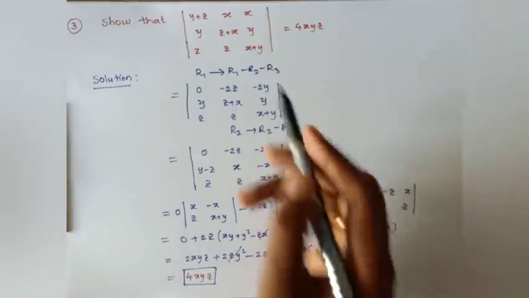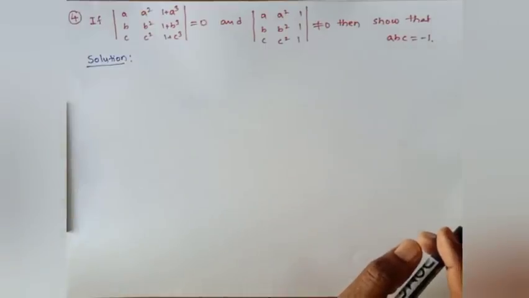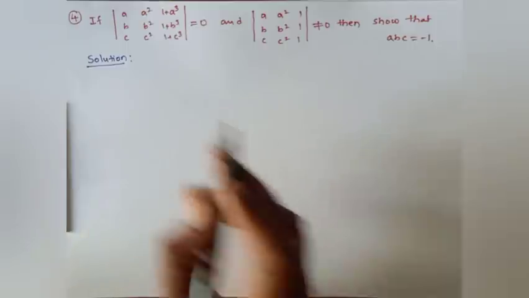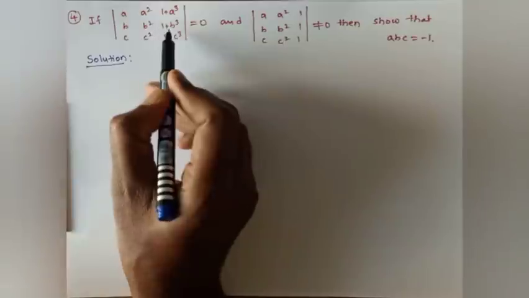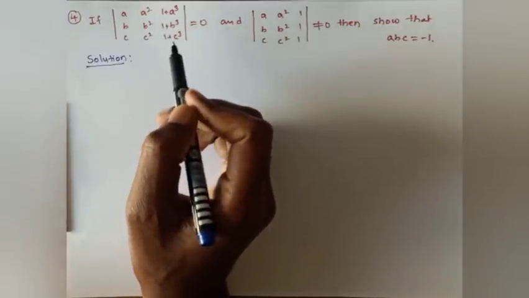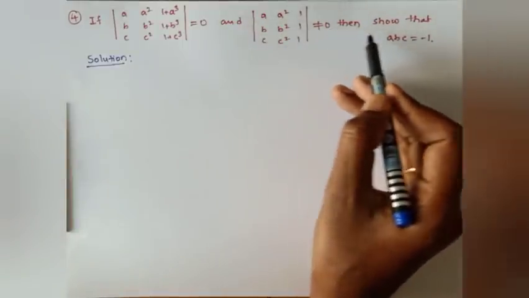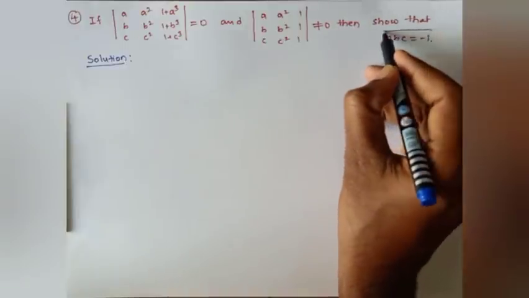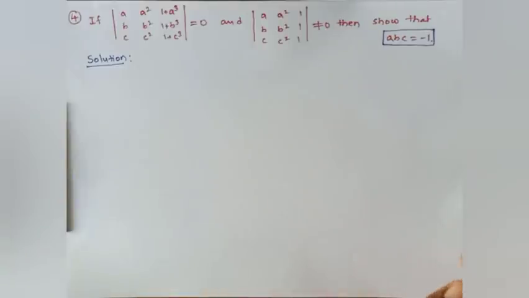Okay, so by using the definition also you can expand, so you'll get the answer. Answer is always unique. Now see the fourth problem in second bit. If the determinant of a square 1 plus a cube, b square 1 plus b cube and c square 1 plus c cube is equals to 0 and the determinant of this is not equal to 0, then show that the product of the numbers a into b into c is equals to minus 1.